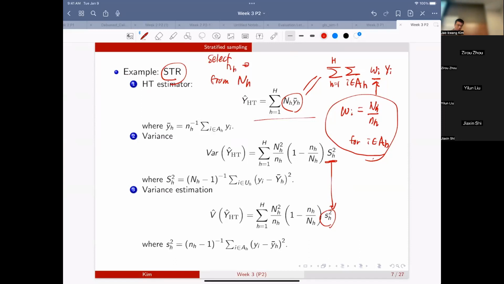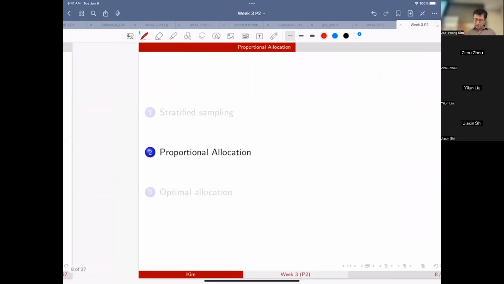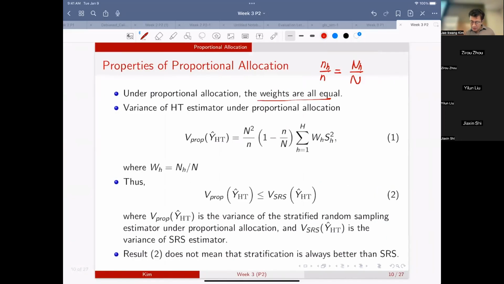But on proportional allocation, this implies that Nh divided by small nh is equal to capital N divided by small n, so your weights are all equal.